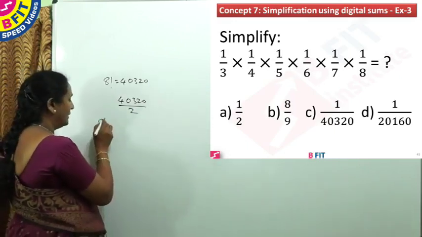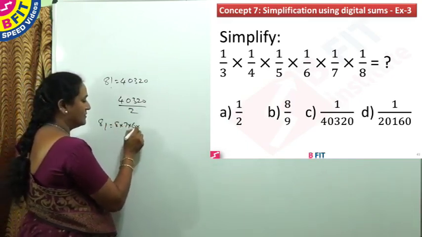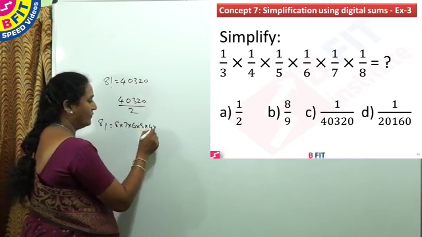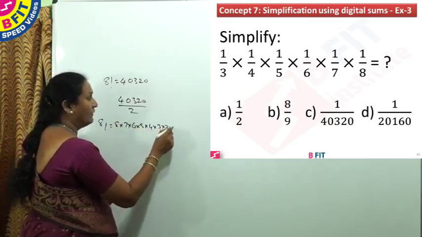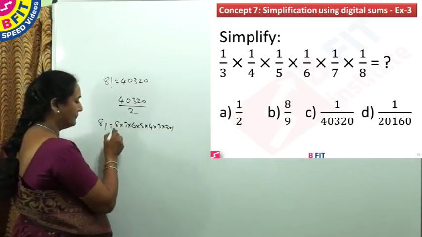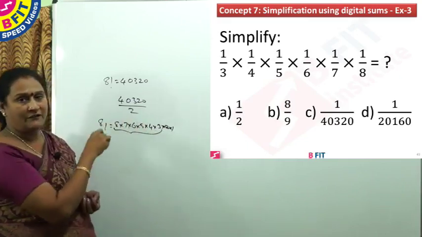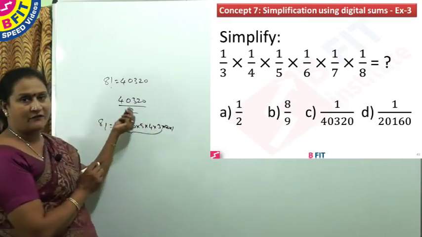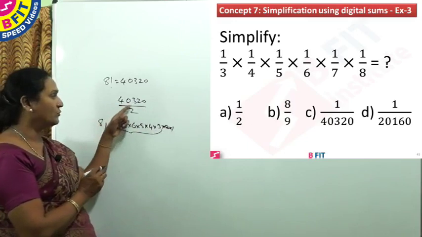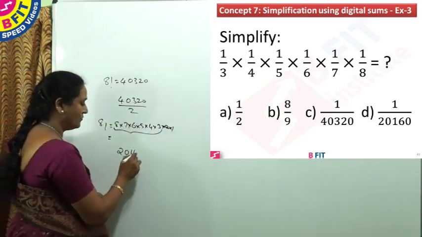Or 8 factorial is 8 into 7, 6, 5, 4, 3, 2 and 1. Here we are having products from 8 up to 3, and as 2 is not there, we will divide 8 factorial by 2. So what is 8 factorial by 2? 40320 by 2 is 20160.